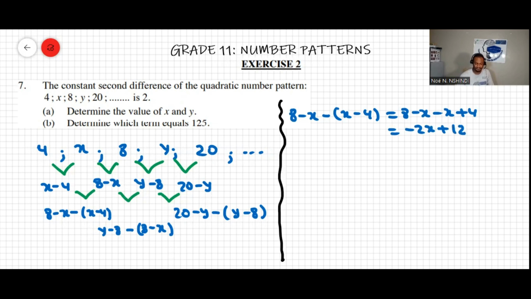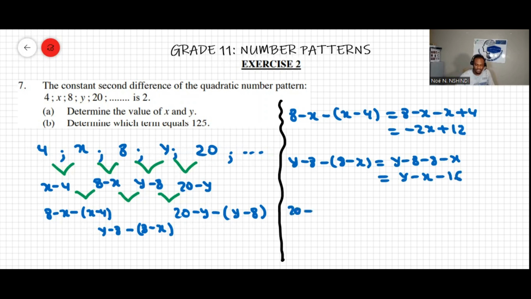The second group will be y minus 8 minus 8 plus x, which makes y plus x minus 16.